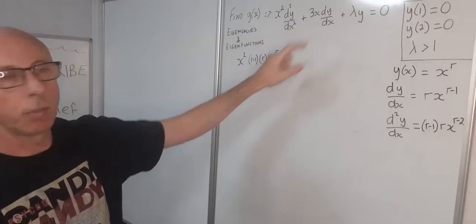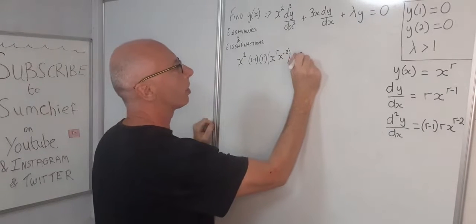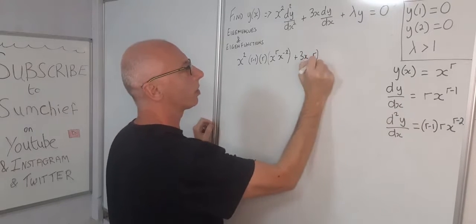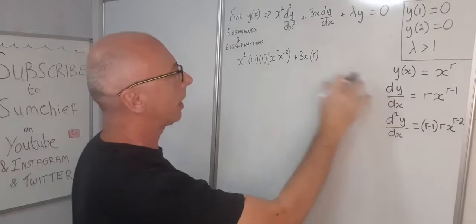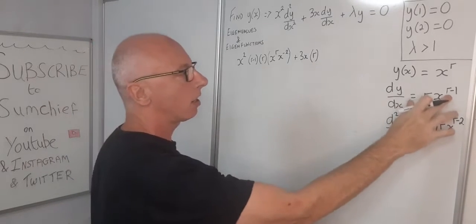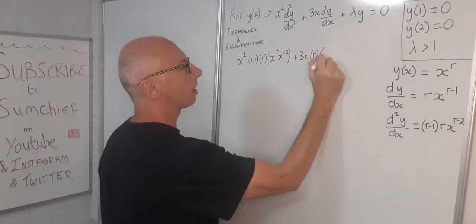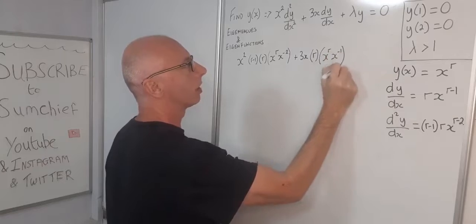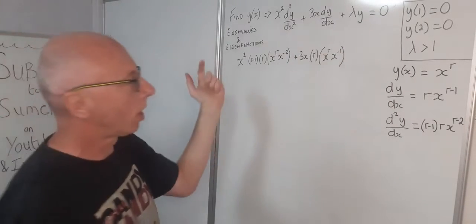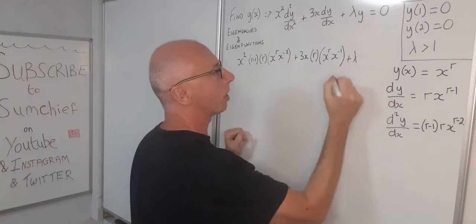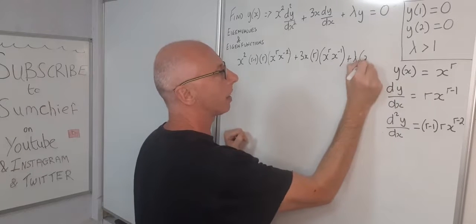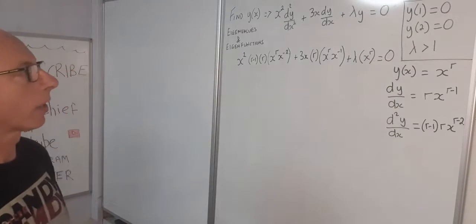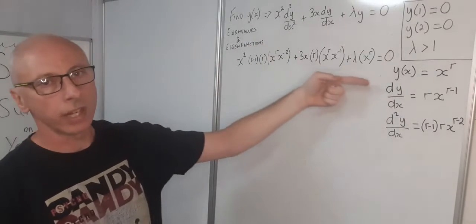And then plus 3x, and now the first derivative, which is r, which I'm going to plug in inside a bracket. And then x to the r, as we did here, I'm going to separate these indices, and then x to the minus 1. And now we've got lambda times y. Now that's a little bit more straightforward. We've got our lambda, and the y is just x to the r. So nothing else to plug in there. So that equals 0.